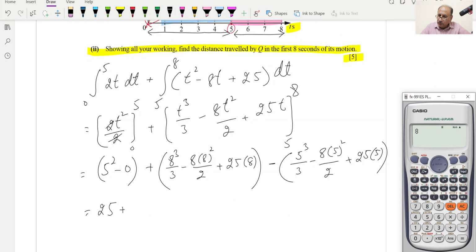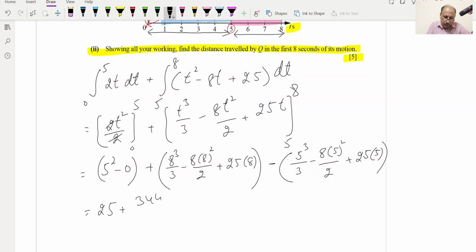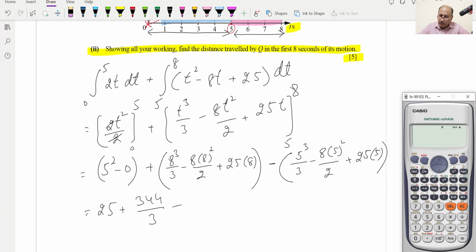So 8 cubed over 3, we'll have to rewrite, take the fraction first, so this will be 8 cubed over 3, and minus the fraction 8 into 8 squared divided by 2, and plus 25 multiplied by 8, and this is equal to 344 over 3. And minus, we can check for this fraction also. We will solve with the help of a calculator.